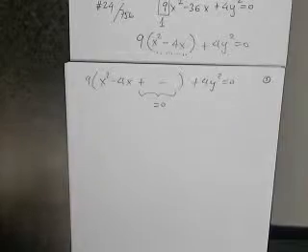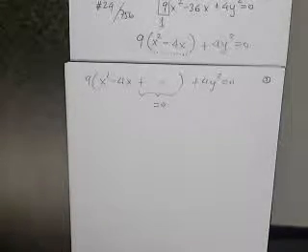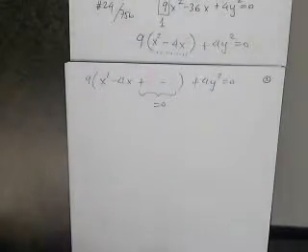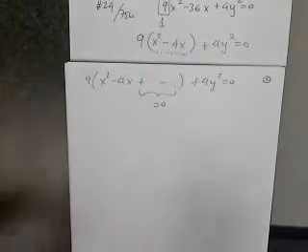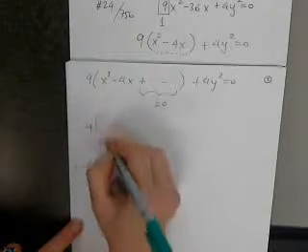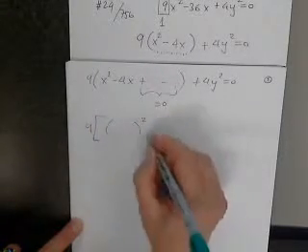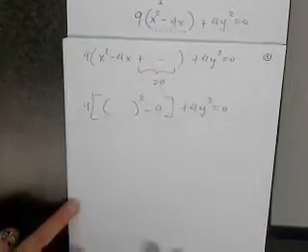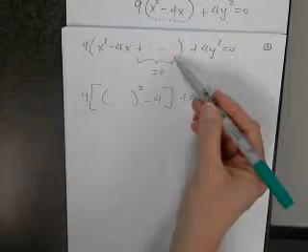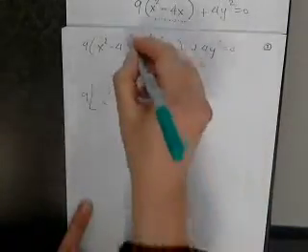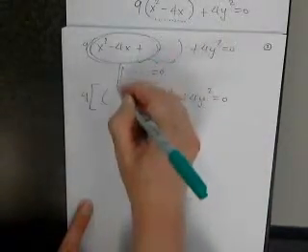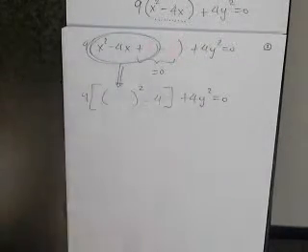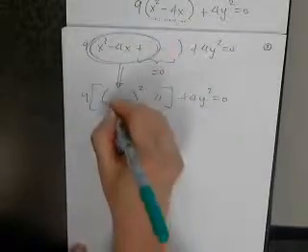I'm looking for my colors. Okay, so I'm adding 4 and I'm subtracting 4. Right there, locally. But now I have 9, I have something squared, I have -4, and I have 4y^2. These 3 have to be here. So what do I have here? Very good.